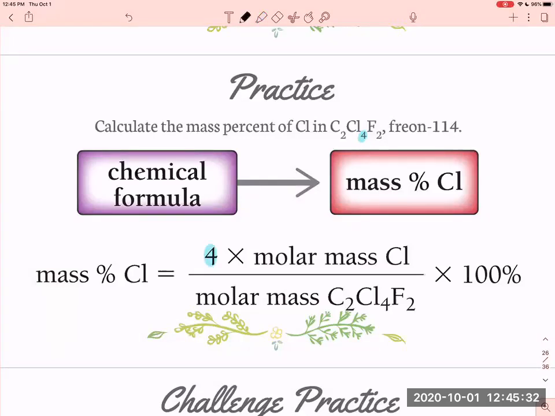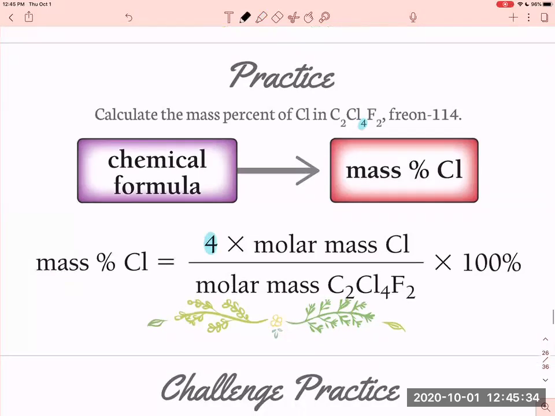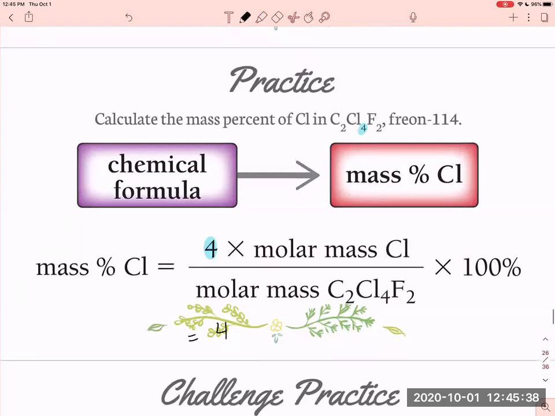So if you're looking to check your work, we're going to do 4 times, oops, not 75, 35.45. That is the molar mass of chlorine. My grams are going to cancel, so it doesn't really matter what my units are.